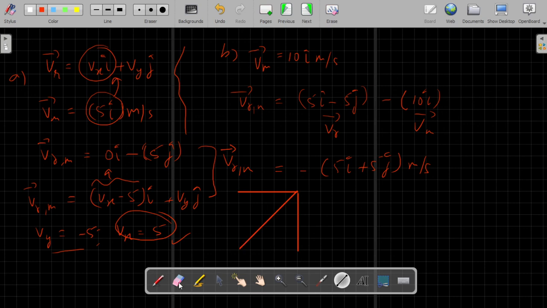So this would be the velocity vector of the rain with respect to the man. This is how the velocity would appear to the man. And as you can guess, this particular angle would be 45 degrees, since this is 5 and this is also 5.